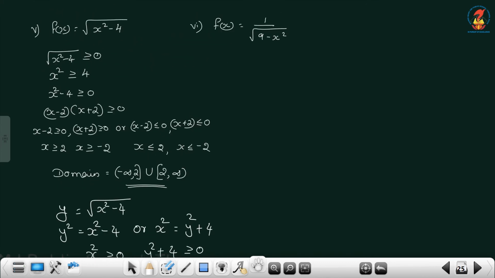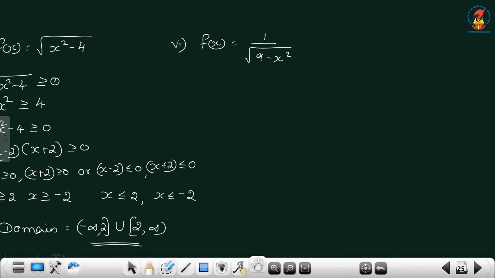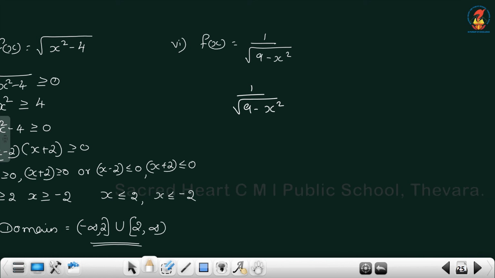Now the other question, f of x is equal to 1 by root of 9 minus x square, and here the root is in the denominator. So for finding the domain, we have to take the right hand side, that is 1 by root of 9 minus x square, and it is like a rational function.